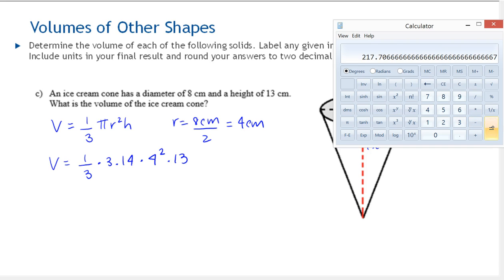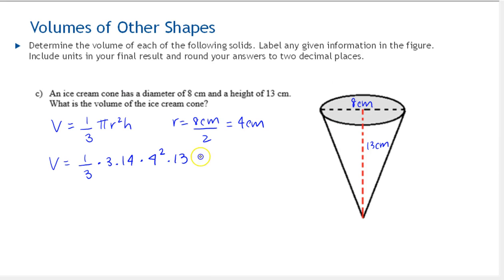And our result is 217.7. Notice we're going to round up to the hundredths because we have 6 in the thousandths place. So 217.71. And that would be cubic centimeters.